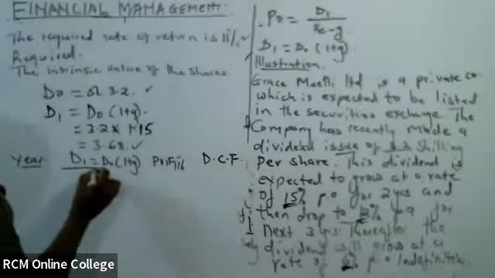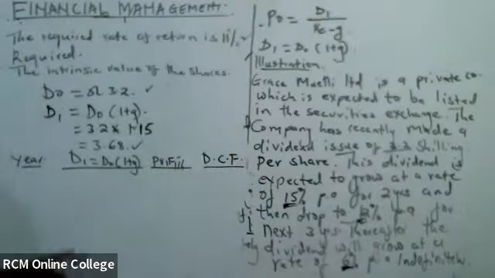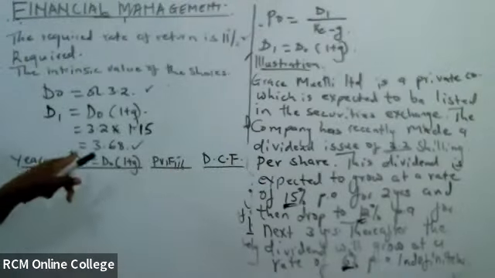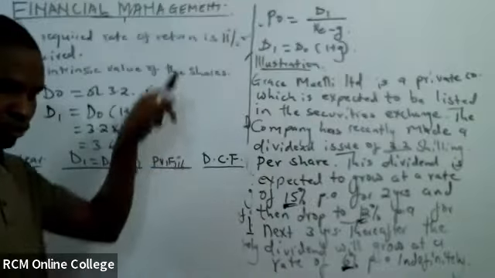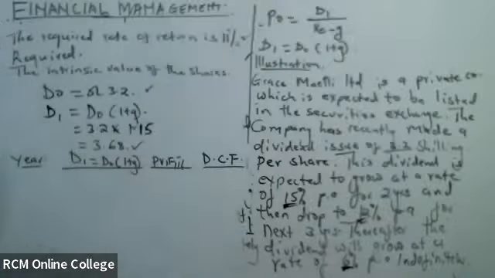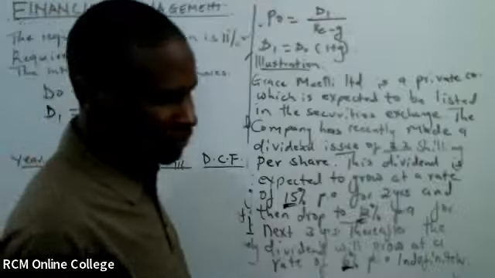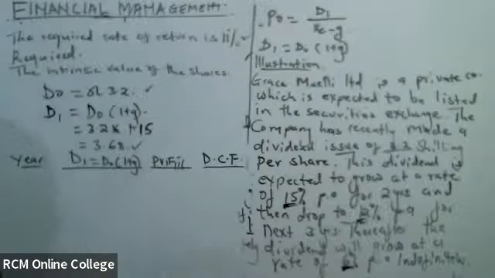Good. Have this. D1 is equal to that, then the PV because we are going to discount, and then go to DCF. There's something they told us: 15% will be the growth rate for how many years? Just check.